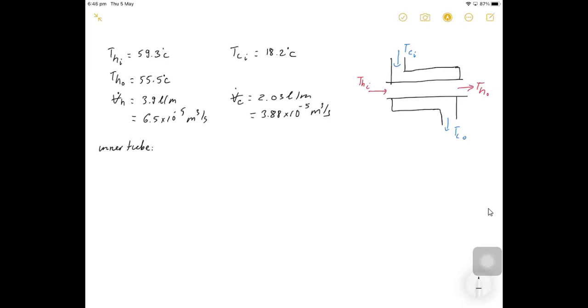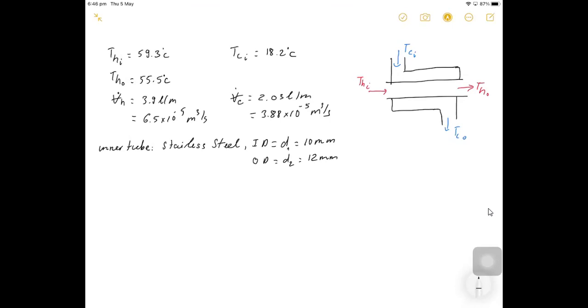The inner tube is made of stainless steel, with inside diameter D1 of 10 millimeters and outside diameter D2 of 12 millimeters.